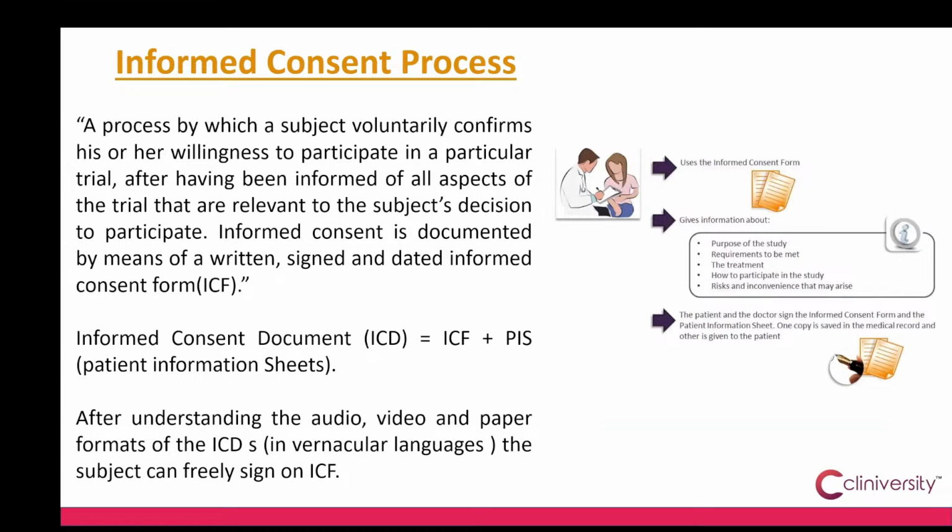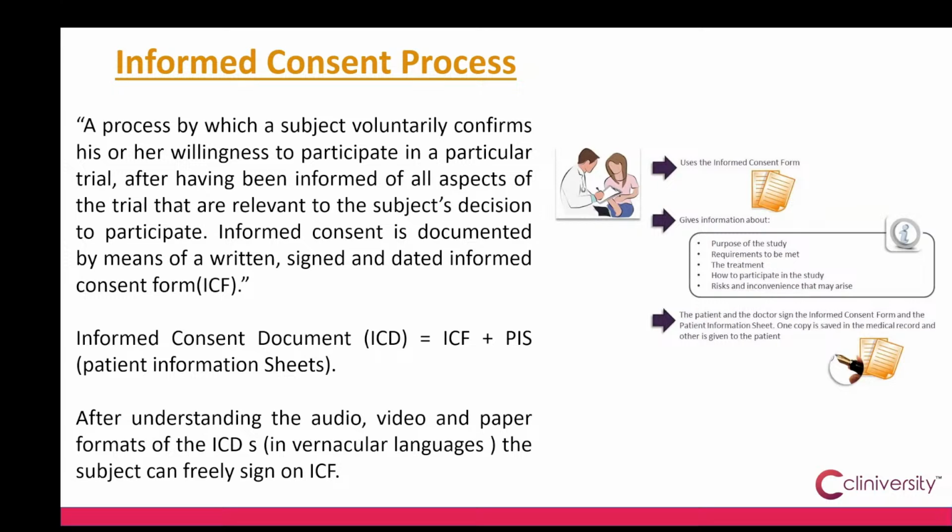So the informed consent process is a process by which a subject voluntarily confirms his or her willingness to participate in a particular trial. Before a clinical trial is started, informed consent is the first document that will be discussed between investigator and subject. Before we start any clinical trial procedures, the first thing the investigator has to do is collect an informed consent form from the subject.